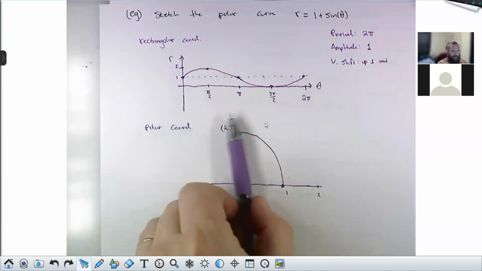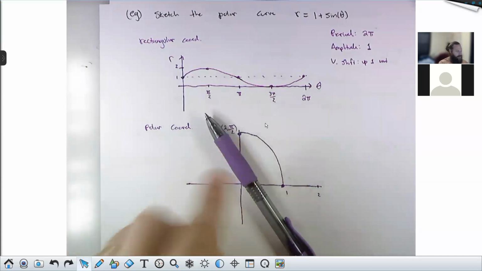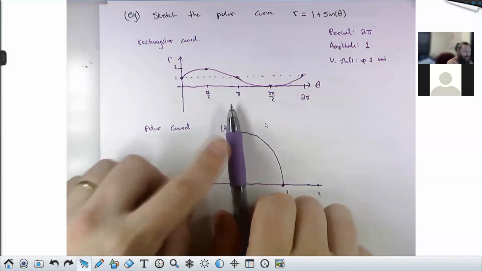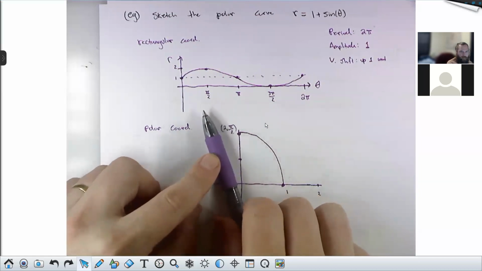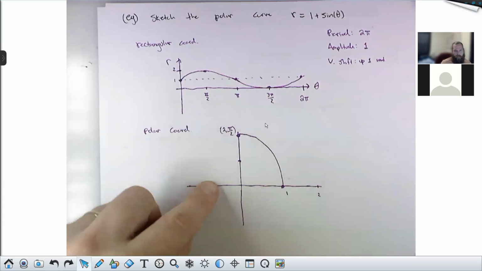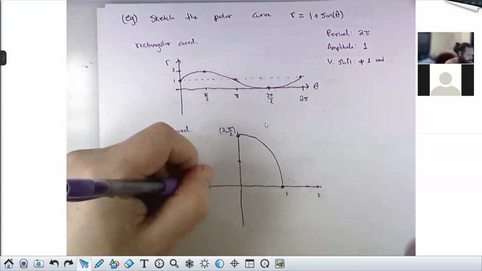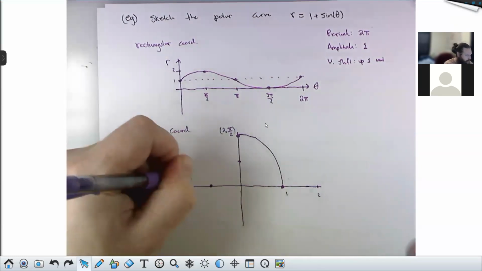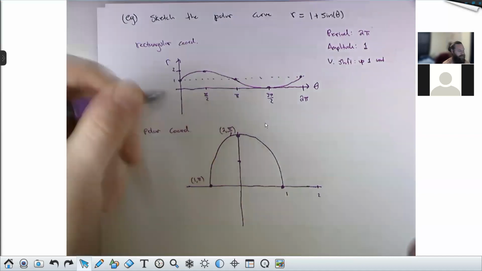As I rotate past pi over 2, that point is going to start coming in along my pen, and by the time we get to pi, we're going to be back to having radius 1. So here's the polar point 1 comma pi, and we're going to trace something that looks like this.